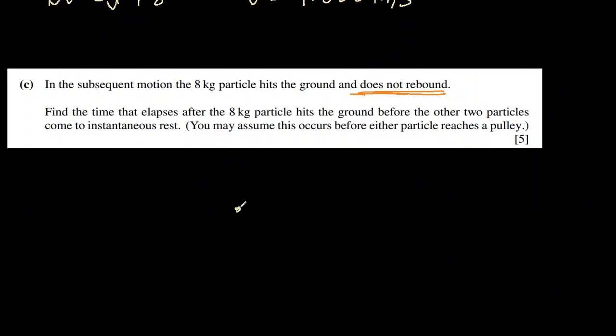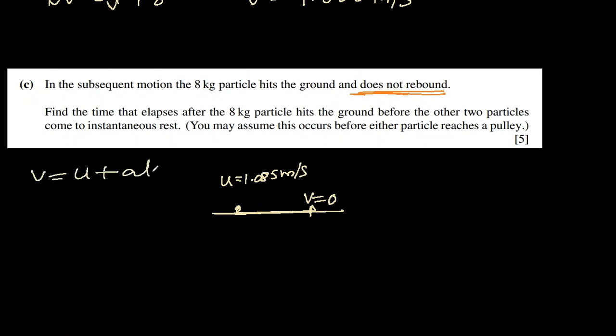Let's assume the 5 kg mass was here, and the initial velocity now becomes 1.085 meters per second. It has to travel some distance and v will be 0. So we know the formula v equals u plus at. We have v, we have u. If we somehow find acceleration now, we'll find time.